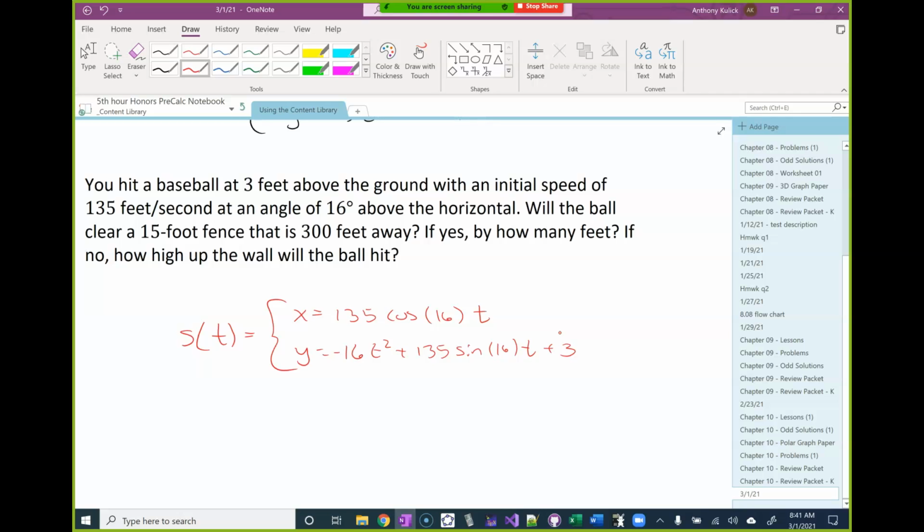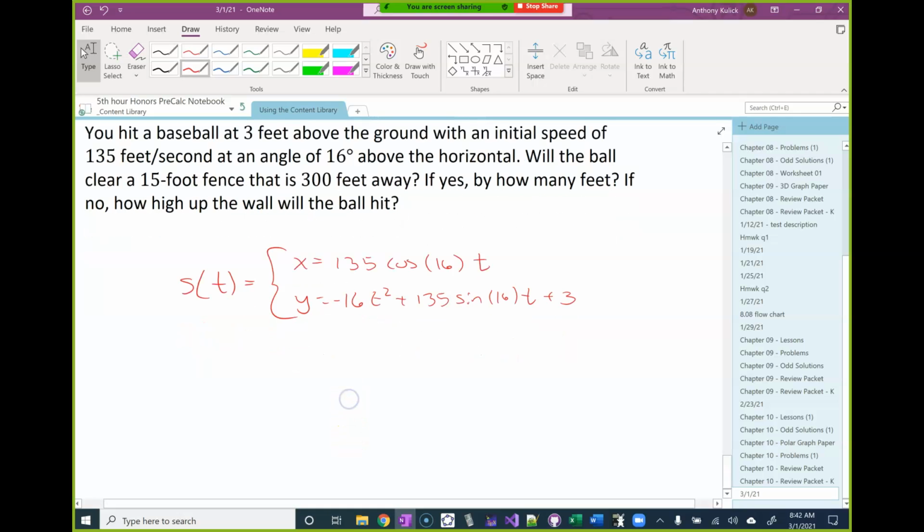And I'm going to solve then for t. Plug that into the y component to figure out how long it takes to go 300 feet. And then at that time, how high will the ball be? Everybody good with that plan? .51 feet.